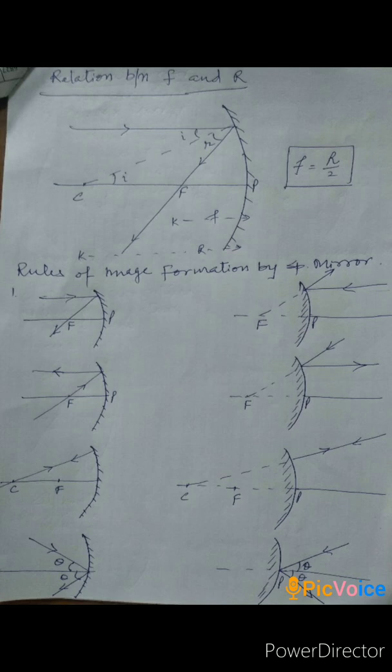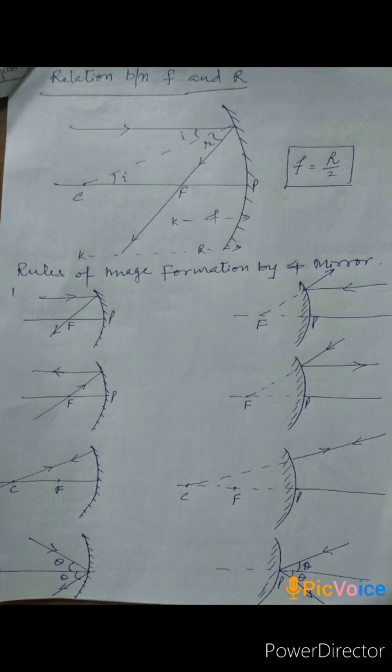Now the next is the rules of image formation by spherical mirrors, in the form of diagrams for the concave mirror as well as for the convex mirror towards the right side.